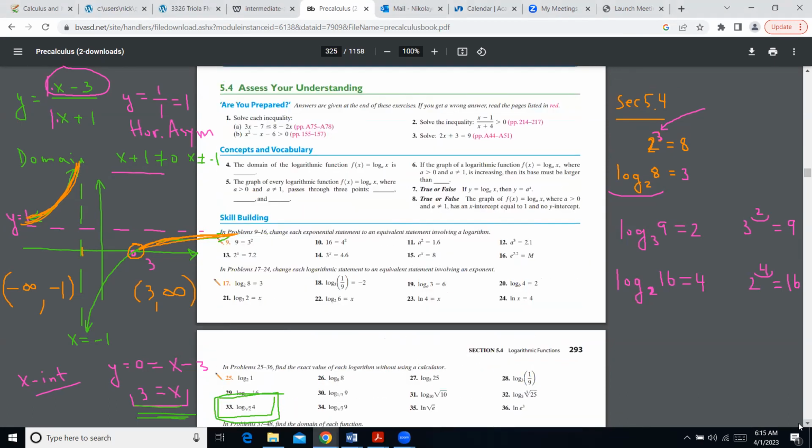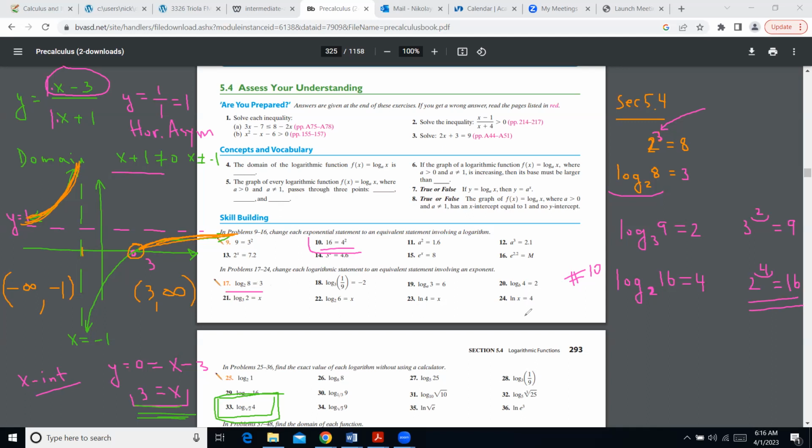5.4, that actually want us to write this in the form of exponents. Like, for example, problem number 10 looks like what I just did, right? So if we have exercise number 10, given that 16 is equal to 4 squared, then we can write it as logarithm base 2 of 16.